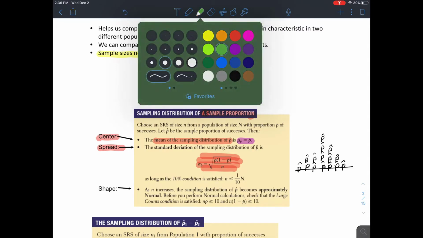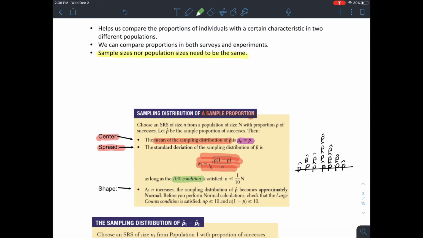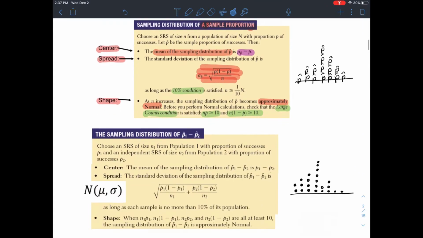This is where we need to be careful and first check the 10% condition to show independence before we calculate the spread. Then the shape is approximately normal provided the large counts condition is met, when we show that the number of expected successes as well as the number of expected failures is at least 10.